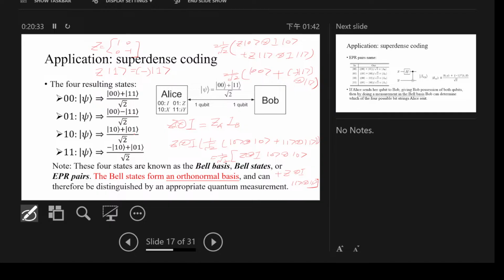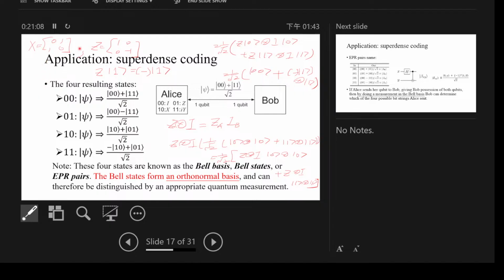So I guess I can write the X gate here also. The X gate is equal to 0, 1, 1, 0. So if you apply the X gate on the 0 ket, which is equal to the 1, 0 vector, you get this 1 here, so you become the 0, 1 vector.